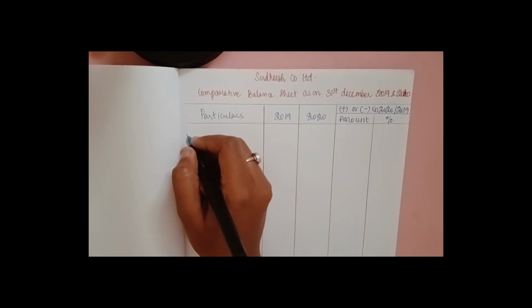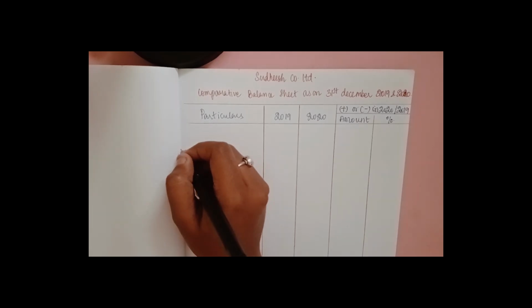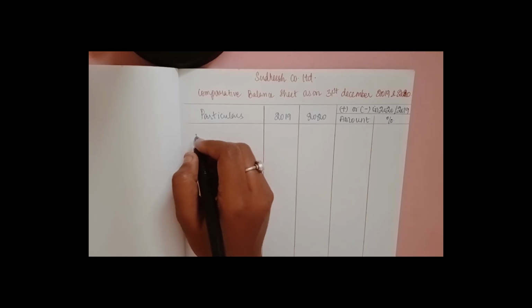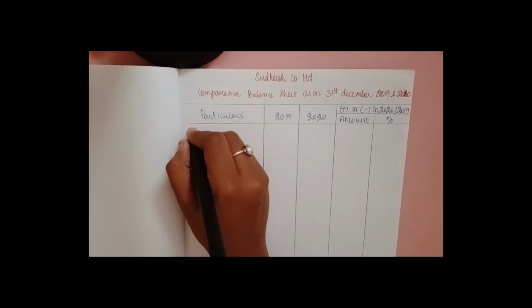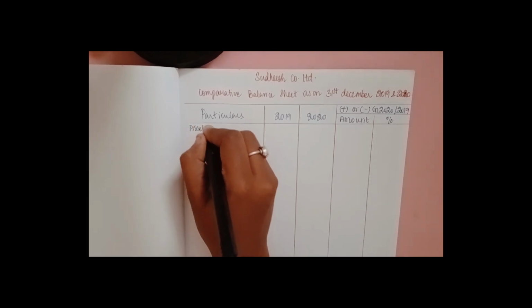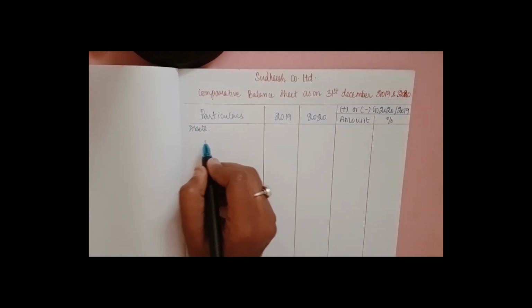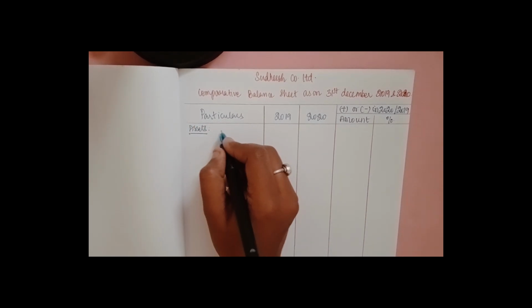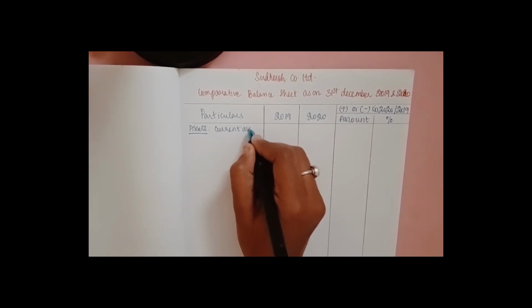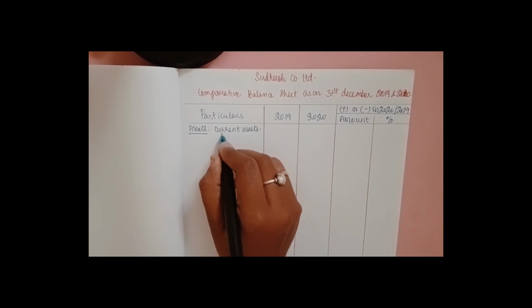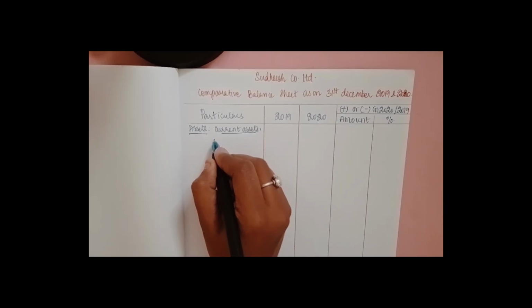In the last video we saw the income statement. Now here we are going to discuss the balance sheet. In the balance sheet, assets and liabilities come. So first we are going to deal with assets. Under that, we have current assets. As per the question, we have 3 current assets.